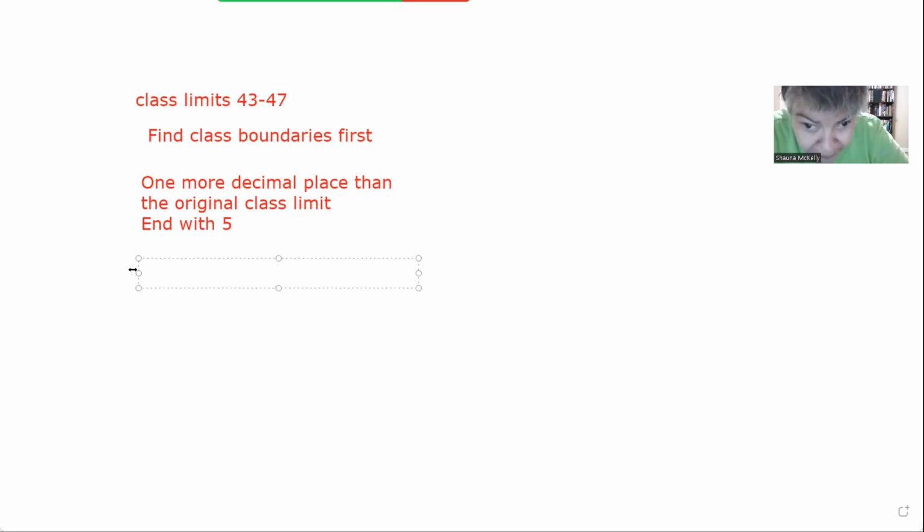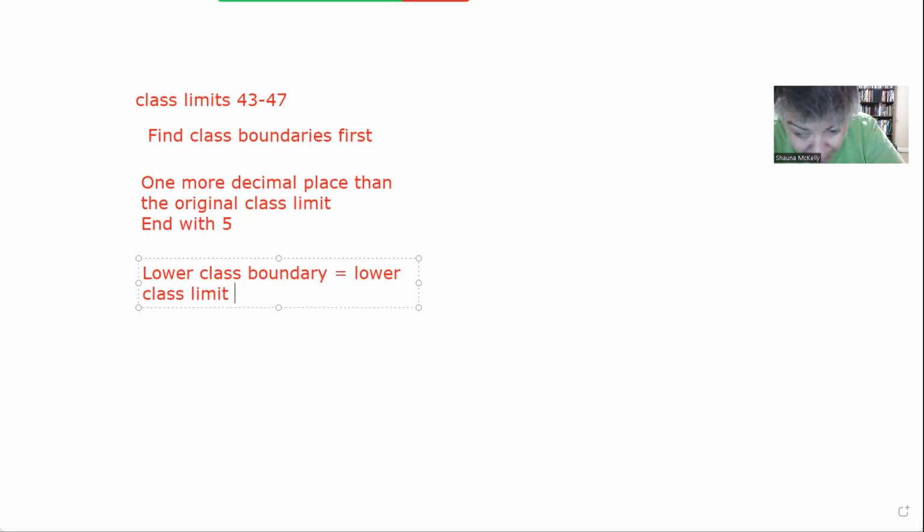To find the lower class boundary, I start with the lower class limit and subtract a decimal that has one more decimal place than my data and ends in 5.